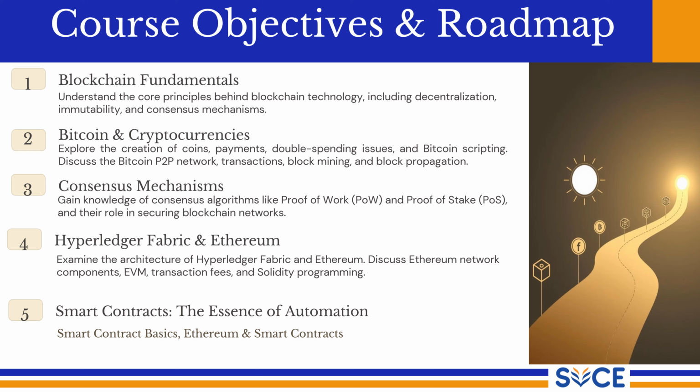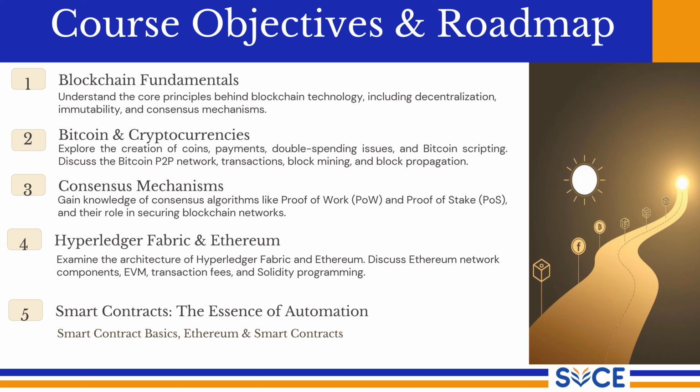Two major platforms leading these spaces are Hyperledger Fabric and Ethereum. Hyperledger Fabric is a permissioned blockchain designed for enterprise applications, while Ethereum is known for its smart contracts and decentralized applications. We will take a closer look at both.